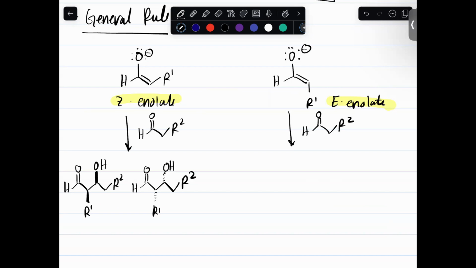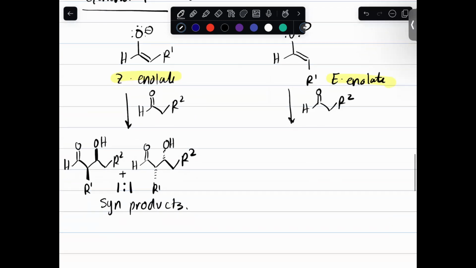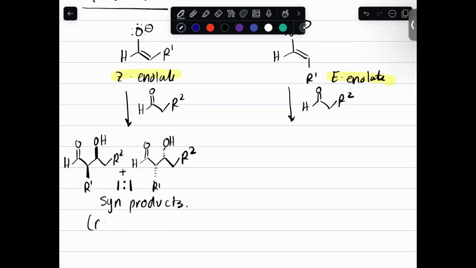Whether your substituents are wedged or whether your substituents are dashed. So here are my syn products. And you will get these products in a 1-to-1 ratio, i.e. a racemic mixture.